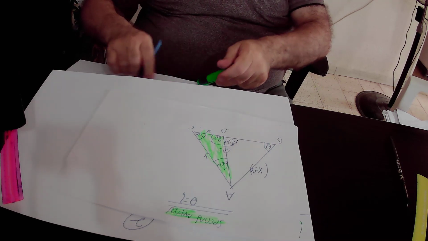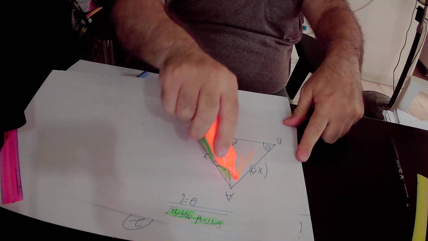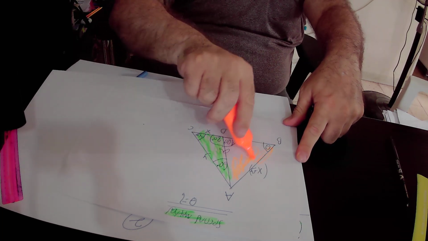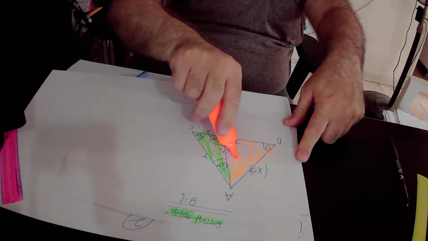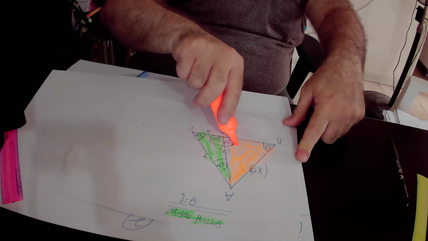Okay, so in the next step, we will implement the law of sines in the orange triangle ABD.